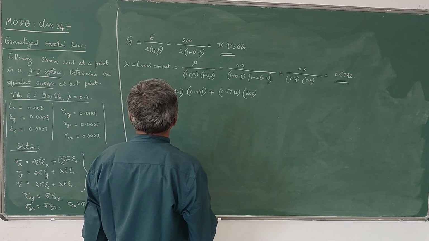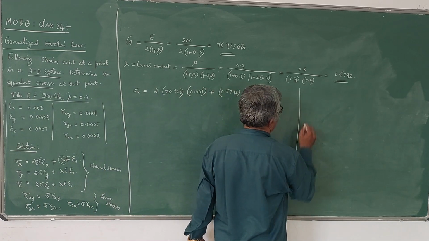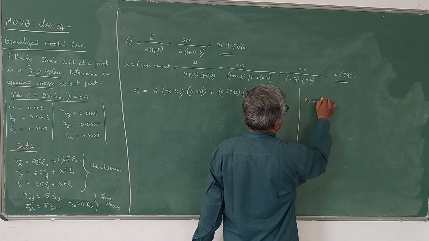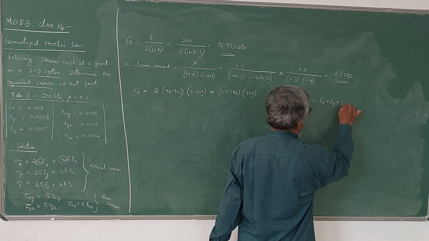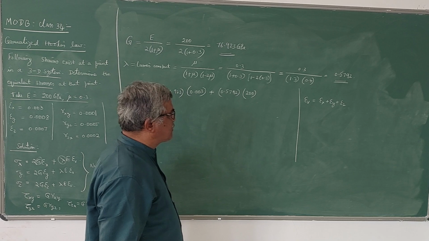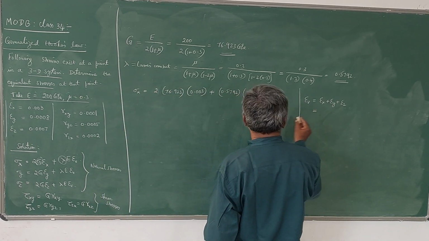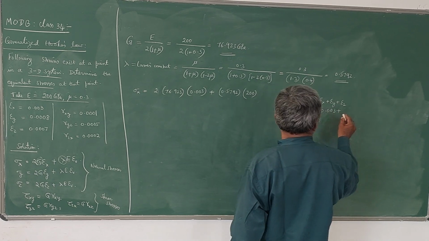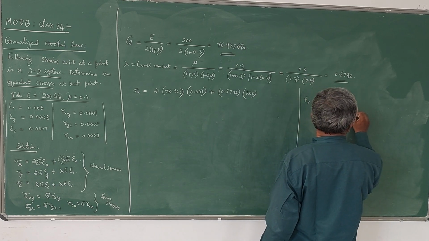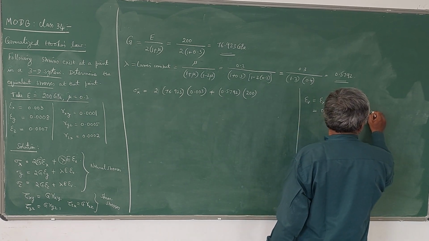Epsilon v, of course, we need to compute. Epsilon v is the volumetric strain, which is the sum of all the three linear strains. In this case, epsilon x plus epsilon y plus epsilon z is epsilon v. Epsilon x is 0.003, plus epsilon y is 0.308, plus epsilon z is 0.307.